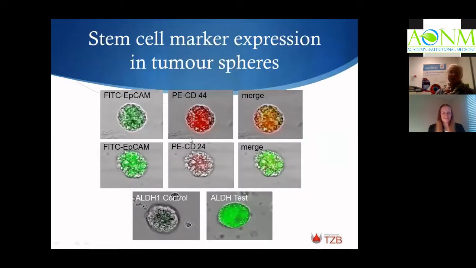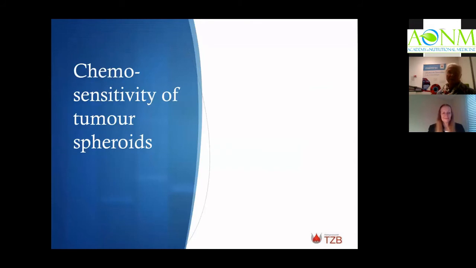What do these spheres look like? They have a typical pattern of so-called stem cell markers. They are positive for CD44, negative or low for CD24, and they are positive for an enzyme which is called aldehyde dehydrogenase, and they do express these markers.